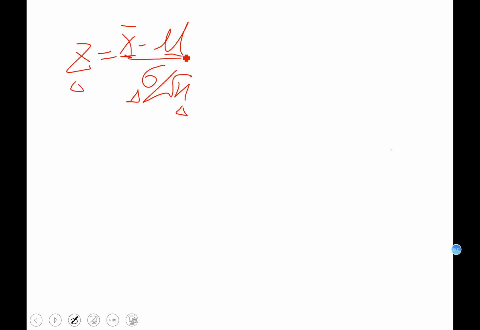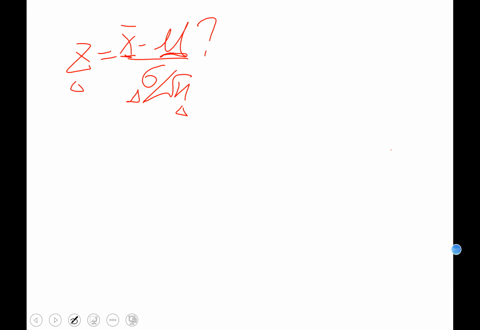And mu, the population mean, is the underlying population mean of the X bar. So we know that this number is not given. It's unknown, right? Because the confidence interval is to estimate the range of mu. So mu is not given. So we will find that in this formula, all the numbers are given or known except mu.